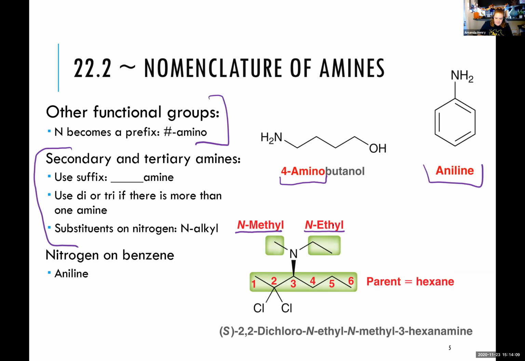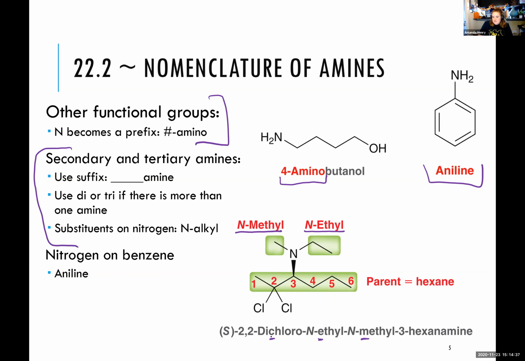One thing that I do want to bring up, because this was something I saw in the test. I can't remember if you guys or the other class had to name an amide. Actually, I think you guys both did. I think I put it on both tests. But when we're alphabetizing, we are still alphabetizing based off of the substituent. So in this case, it's the C for chloro, E for ethyl, M for methyl.